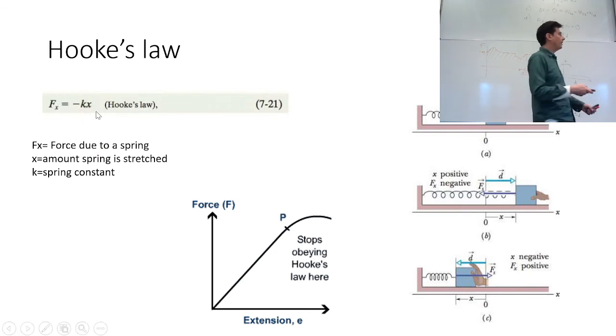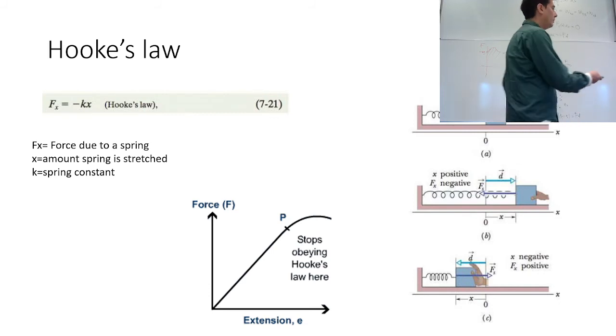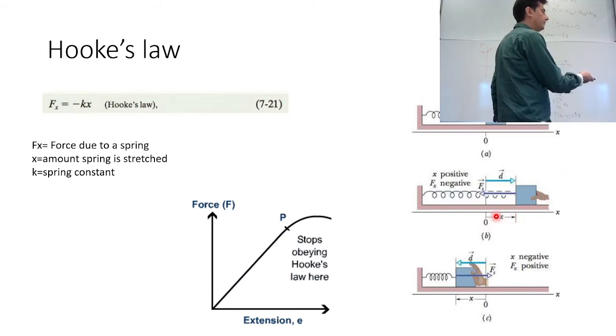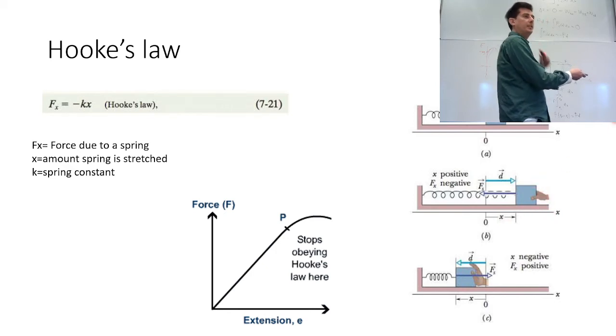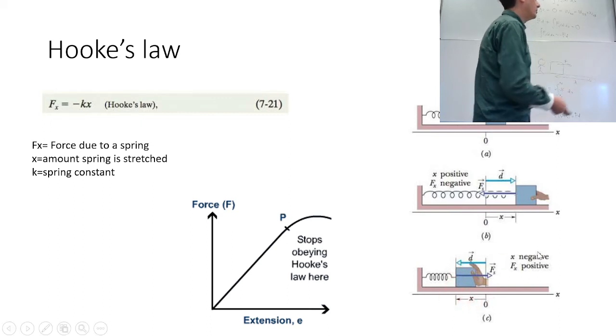This x is how much you're moving it from the relaxed position of the spring, the equilibrium position. When you move it by x, this is the force, and there's a negative sign because it's opposite to the direction you are moving it. You've moved it in the positive direction, but the force is in the opposite direction, so it's negative. Likewise, if you're moving it in the negative direction, the force is positive.